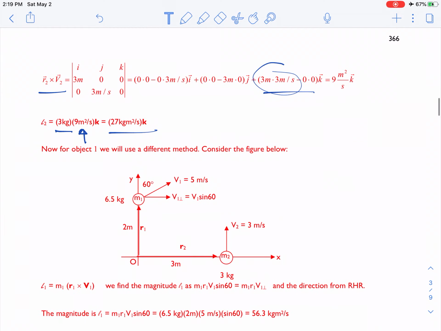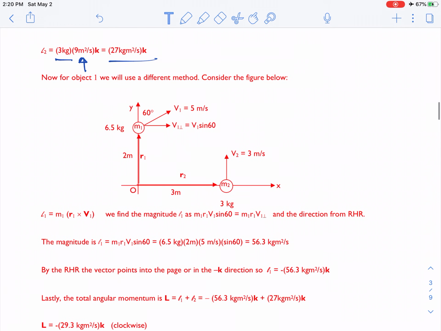Doing the same stuff. We are going to focus on, again, object 1, but we're going to do it just a little differently. First thing we do is, again, we have R1 and V1. We look at them, and the angle between them is this angle here, 120, right? But we know that only the perpendicular component will be counted towards that angular momentum. So you can find that perpendicular component of V1 relative to R1.